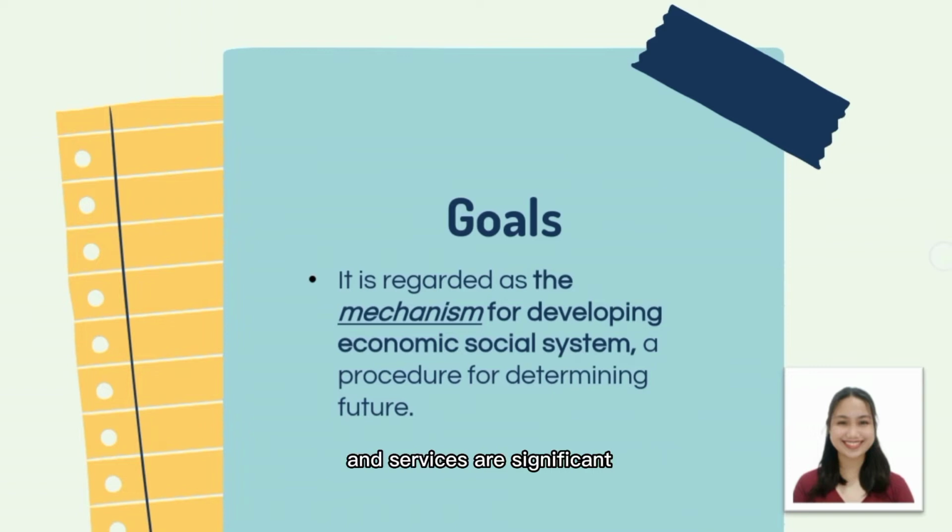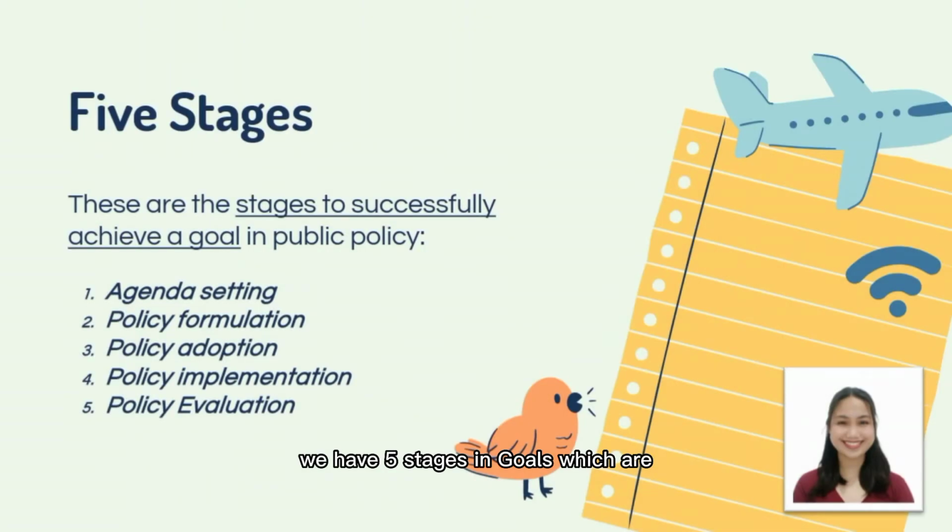We have 5 stages in goals, which are: first, agenda setting. Agenda setting is when public attention focuses on a public problem or issue. Officials' words and actions have focused the attention. Agenda setting is where the issue is presented or given attention.